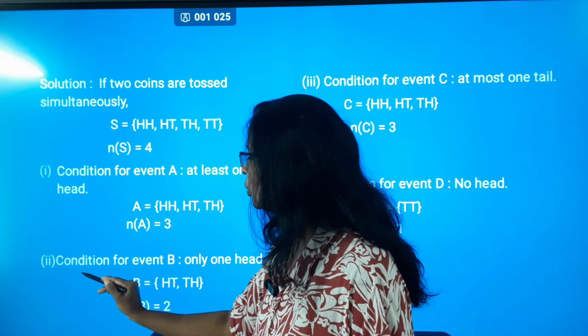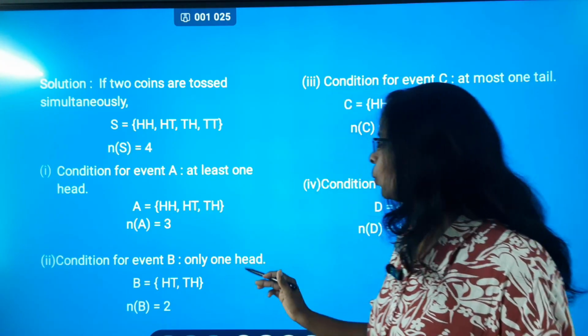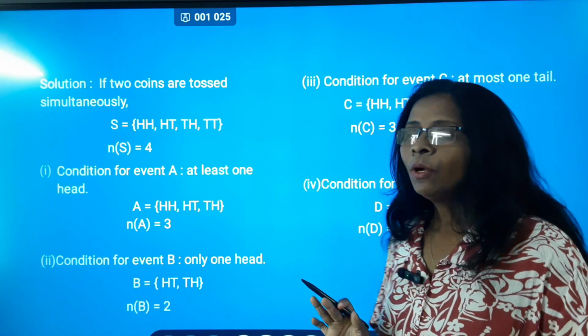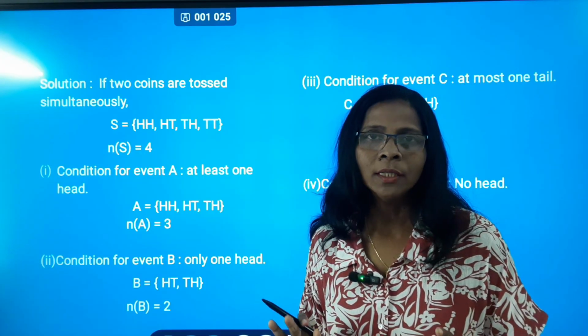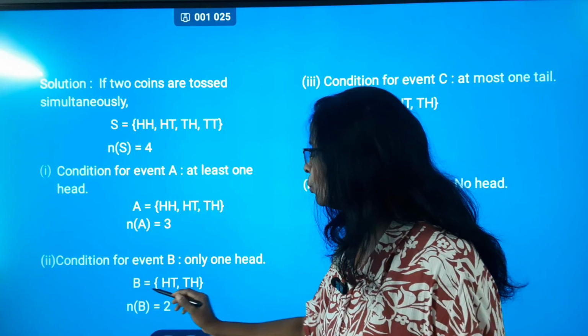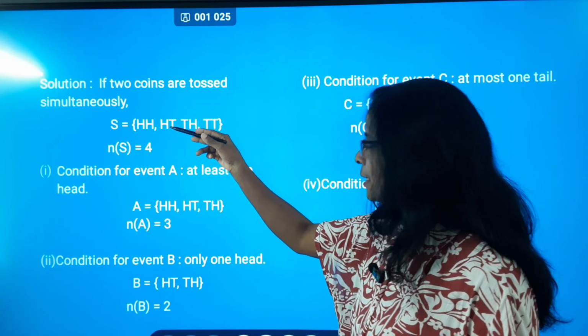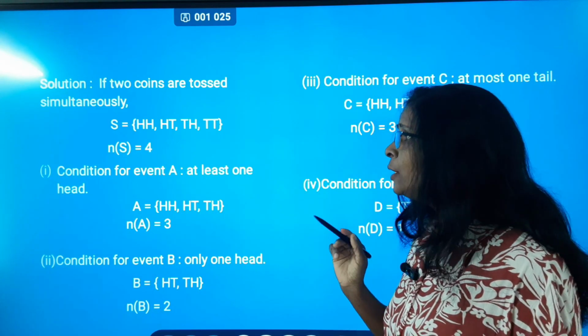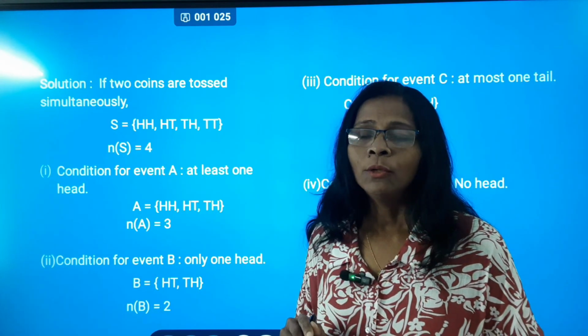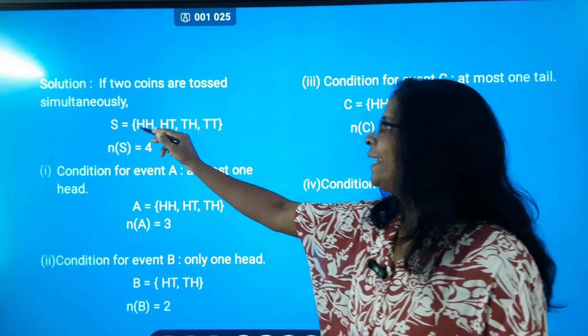Now the second condition, for event B, is only one head. HH has a head, yes, but there are two heads and our condition is only one head, so we neglect it.